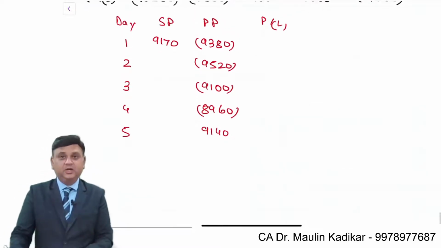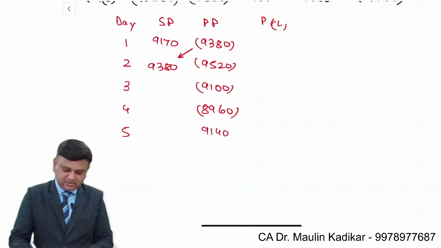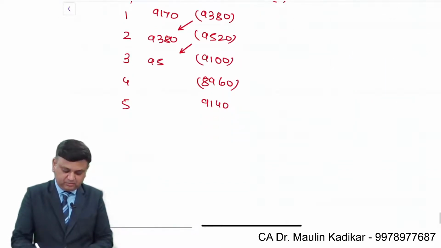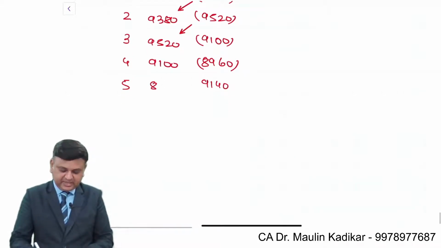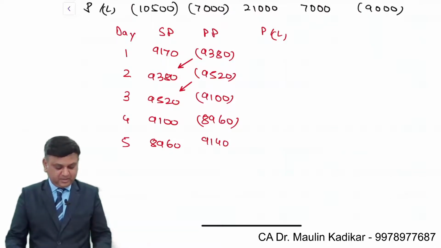Okay. Next day what will happen, friends? This will become the sale price. That is 9380. This will become the sale price. 9520, 9100 and 8960. So what will happen, it is 9170 minus 9380.